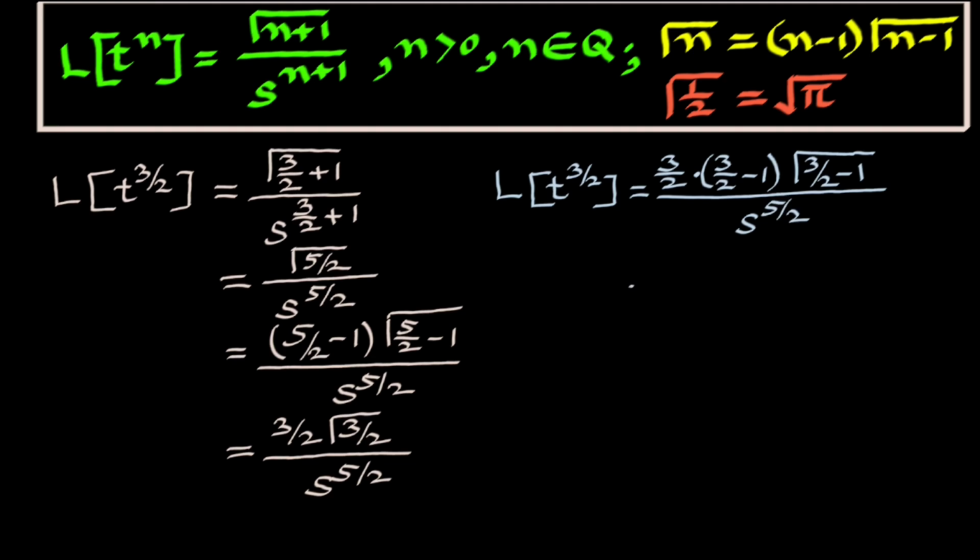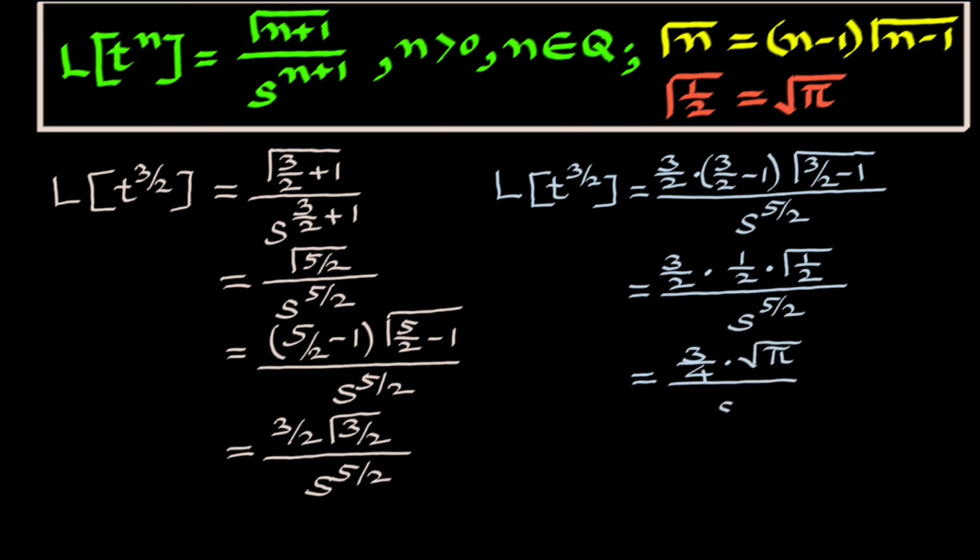This will be 3 upon 2 into 1 half into gamma 1 half upon s raised to 5 upon 2. This will be 3 upon 4 into, as given above, gamma half is square root of pi upon s raised to 5 upon 2. So this is Laplace transform of t raised to 3 upon 2.